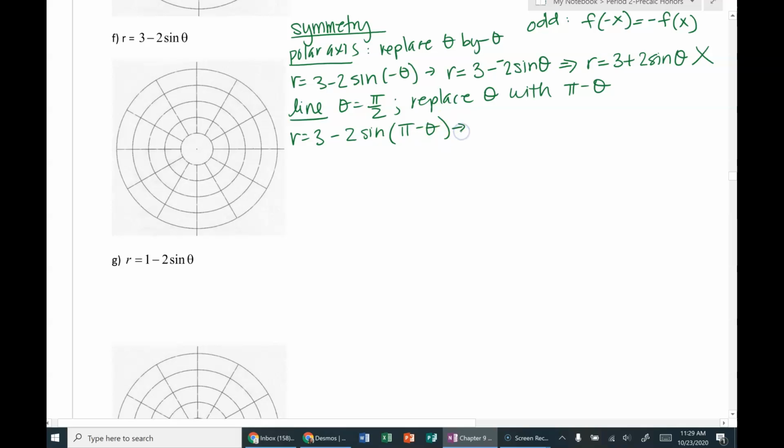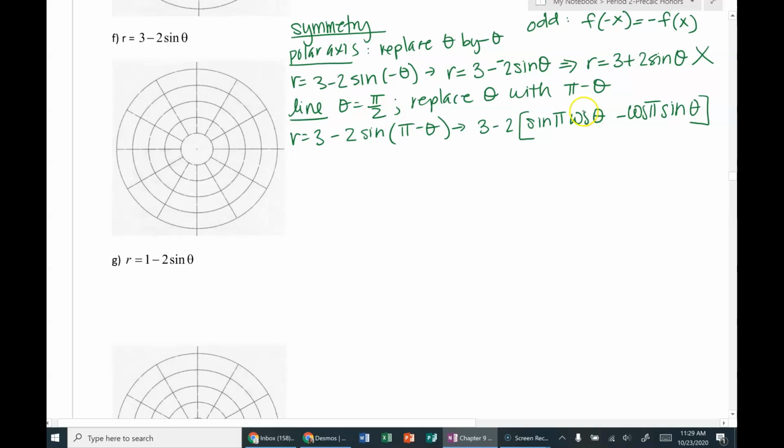We will use the sum and difference of sine. So 3 minus 2 quantity. We are going to spell it all out. Are you guys ready? Sine of pi cosine of theta minus cosine of pi and sine of theta. Just like that.